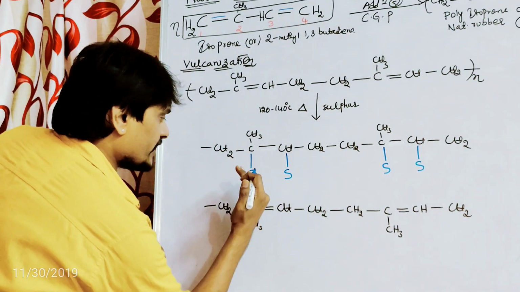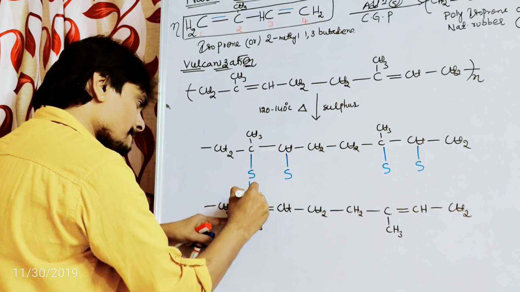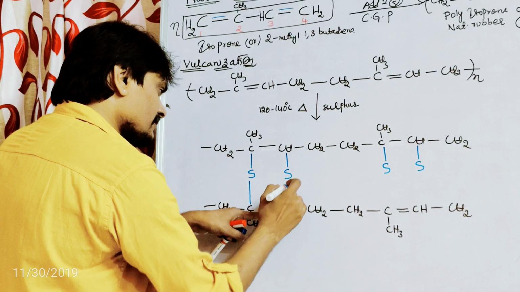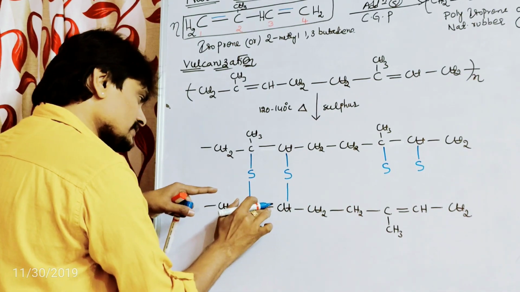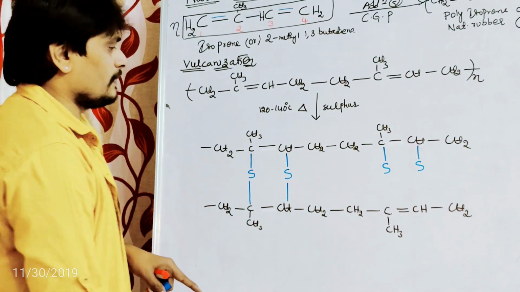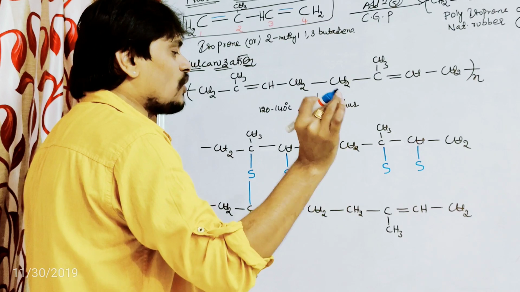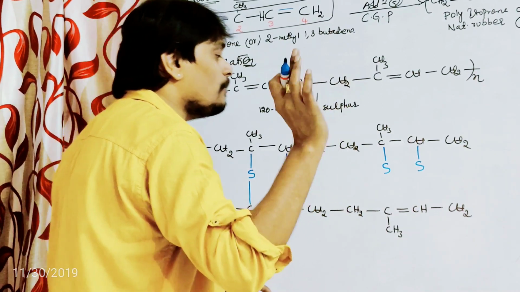With respect to the double bond, on the left side, sulfur. On the right side, sulfur. And the double bond should be converted to a single bond. So there is no change in the remaining moiety because the sulfur atoms are forming the cross linkages only across the double bond.